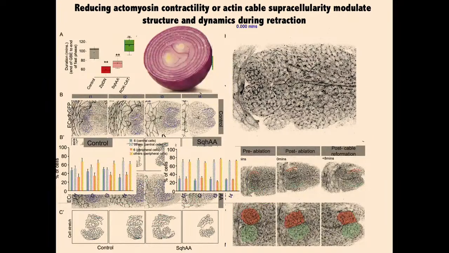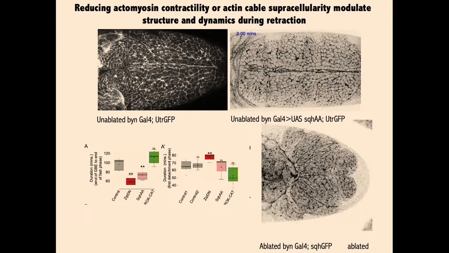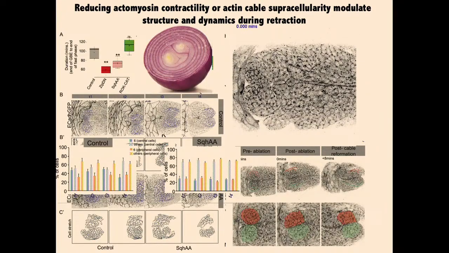So we think the cables not only help prevent mixing between cells, but they also form very clear boundaries. But what's interesting is that with time, a new cable forms in the same place, almost as if the cells had a memory of their previous state.